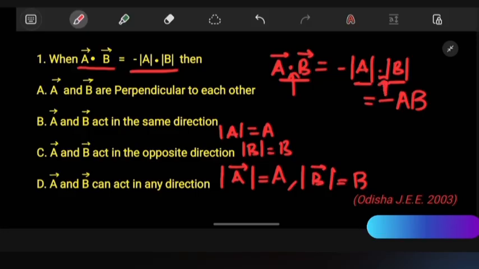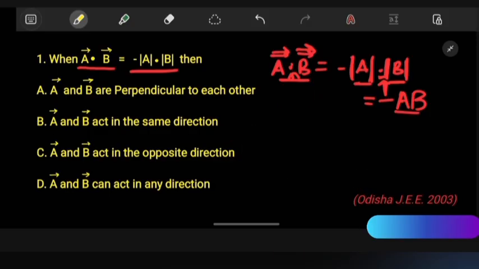Why? Because dot product is performed on vectors and multiplication is for normal numbers, not vectors, scalar numbers. Here we see that the left hand side has vectors there. So this is dot product, but they are not vectors, they are magnitudes. So simply AB multiplication.